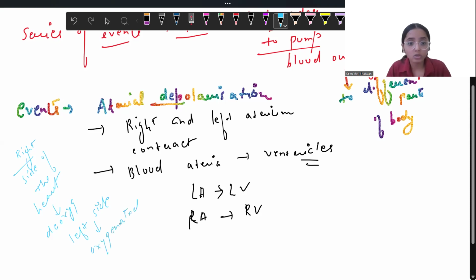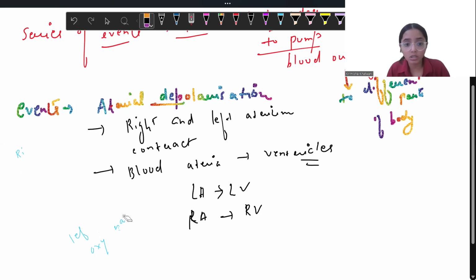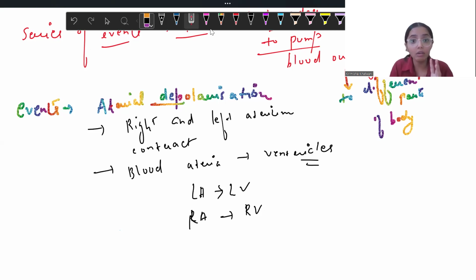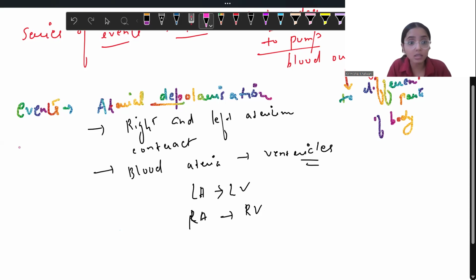This is the basic concept one should know, and I guess this is very simple. The right atrium and the right ventricle have deoxygenated blood, because this blood is coming from different organs through the superior and inferior vena cava.